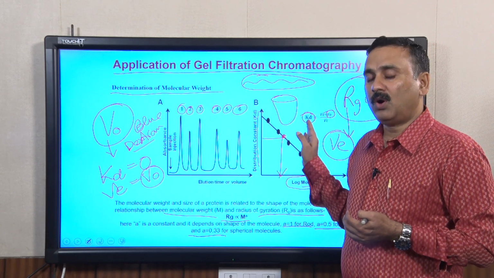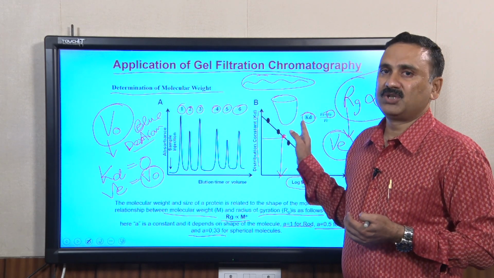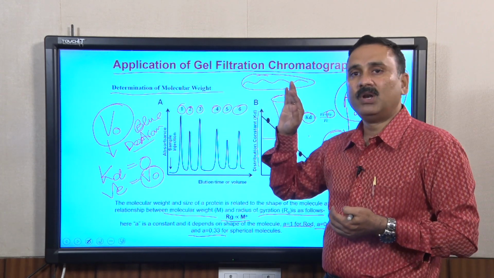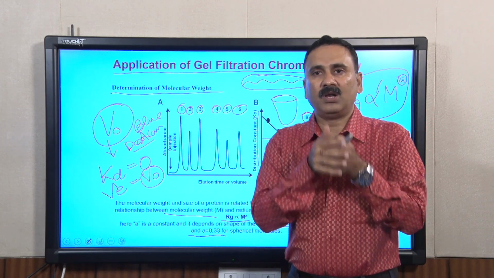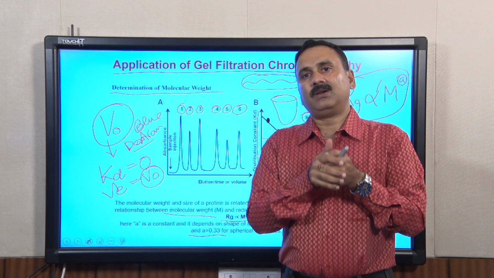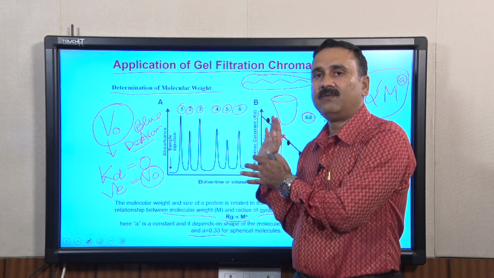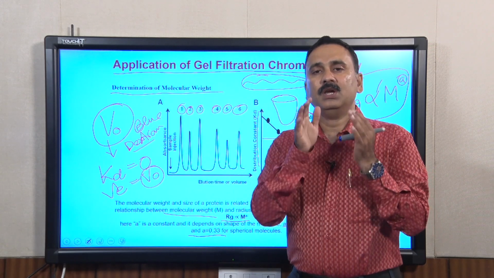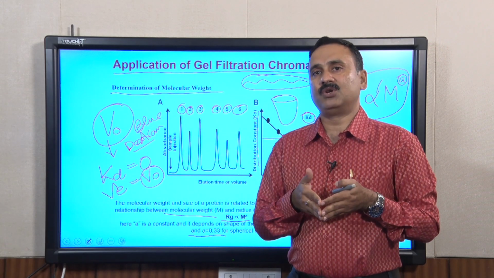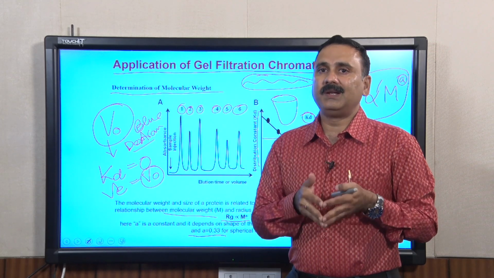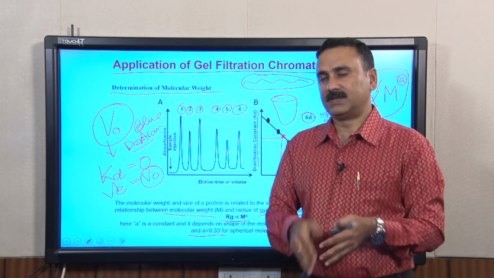You have to draw new calibration curves if you would like to determine the molecular weight. As long as the column maintains the same packing, you can keep using this calibration curve, but if you change the conditions, you have to redraw the calibration curves to precisely calculate the molecular weights.